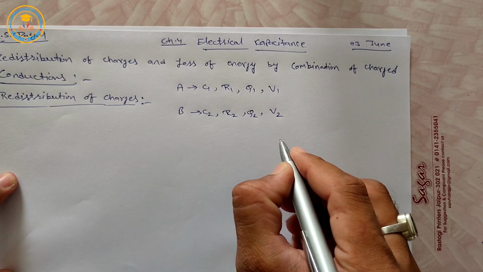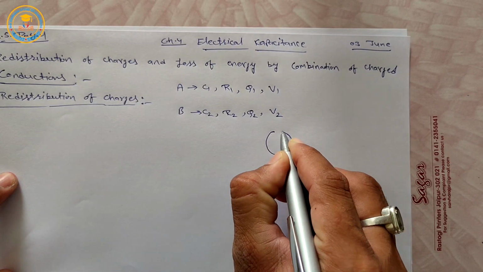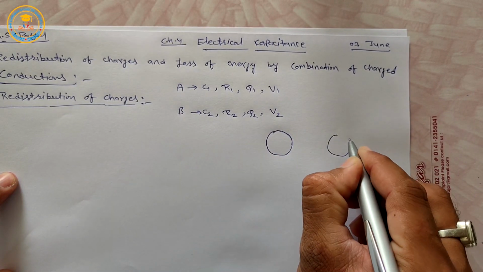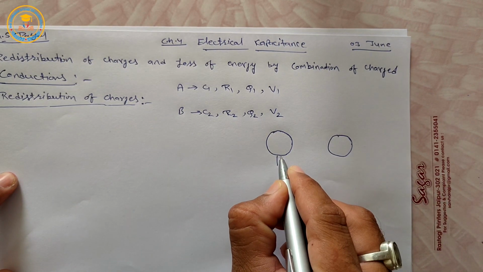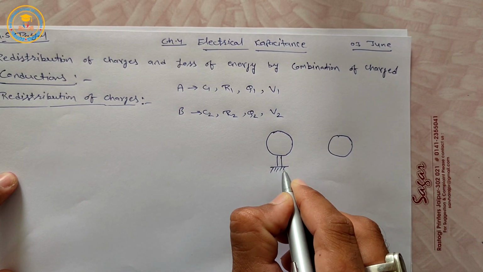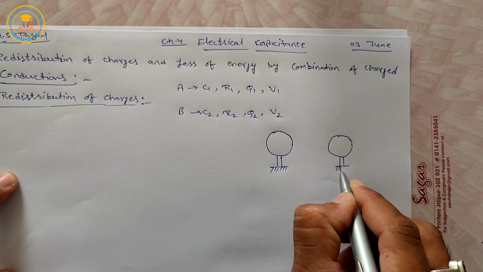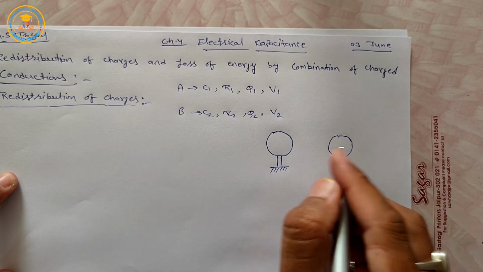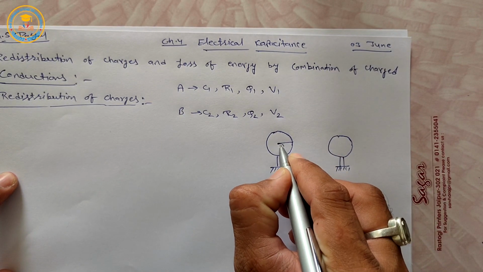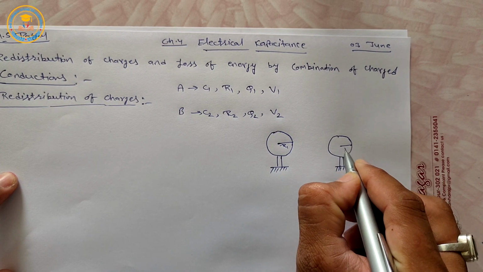So we represent isolated spherical conductors, which are kept on an insulating stand. This radius is R1 and this radius is R2.